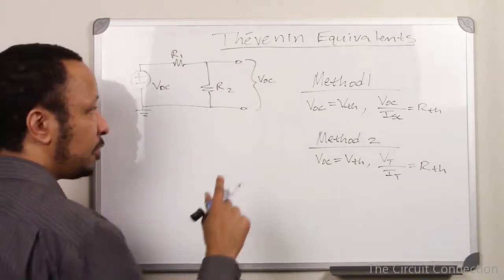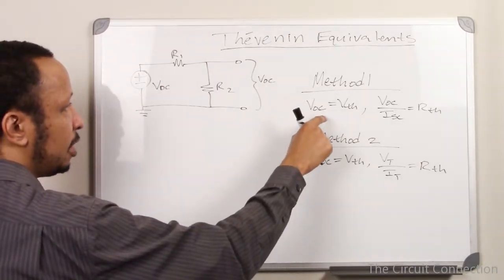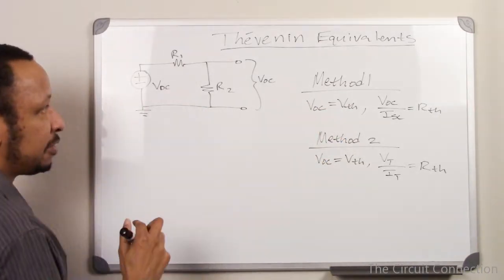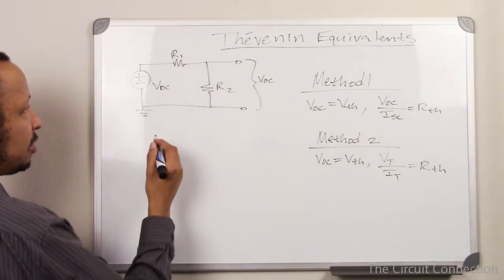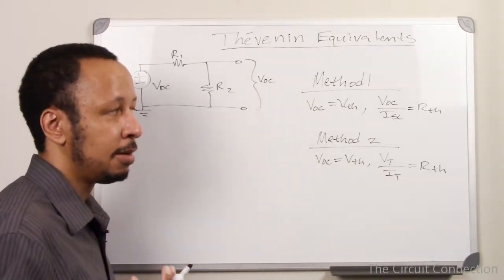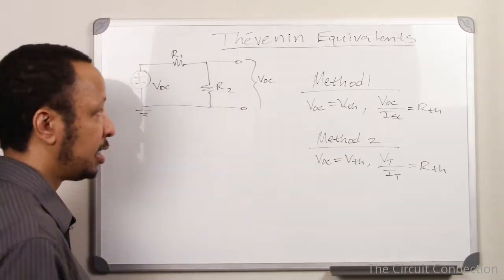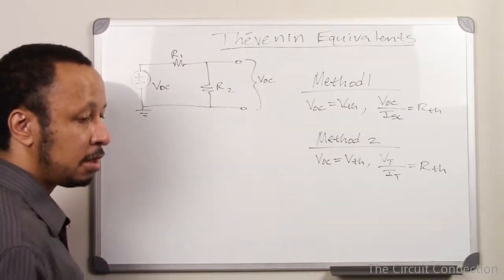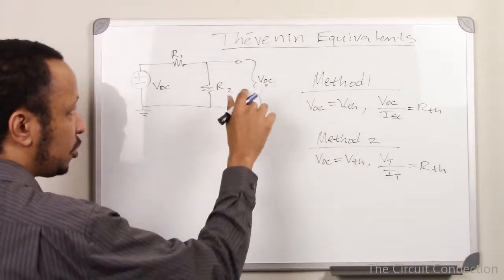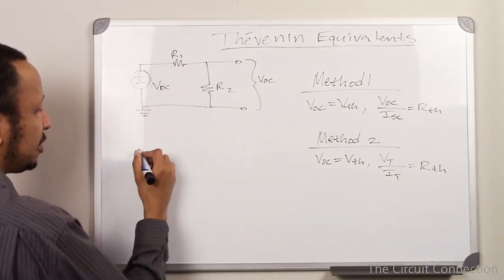Method one is simply to have the open circuit voltage be VTH. In this very simple case, the open circuit voltage is the voltage of the circuit with no load connected. So you're not going to have any loads connected, and you ask, what is the measurement of that open circuit voltage? Well, this is very simple in our case.